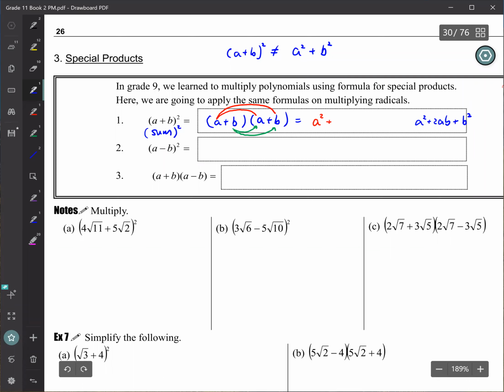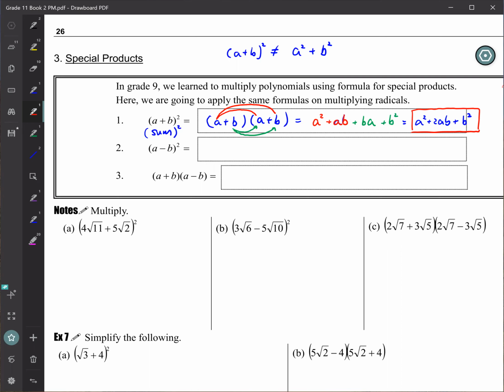If I expand one by one, a squared plus ab should be the second term, and then b times a will be ba, and then plus b squared. But ab and ba are the same, so they add together and give you 2ab. So this is the formula for sum squared, (a plus b) squared.